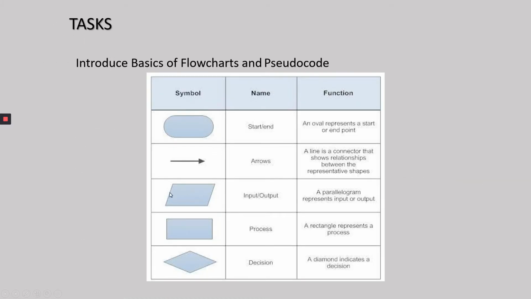Next one is a parallelogram, which is a symbol that takes input, maybe from a keyboard or whatever. It takes input, and at the same time it is also an output symbol.